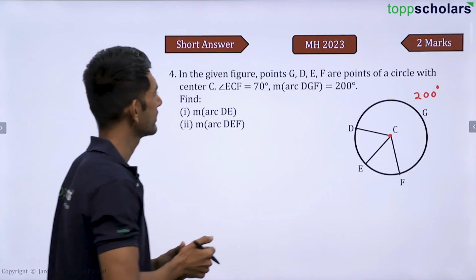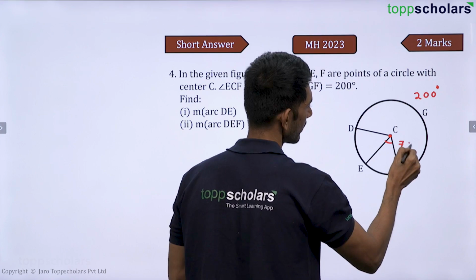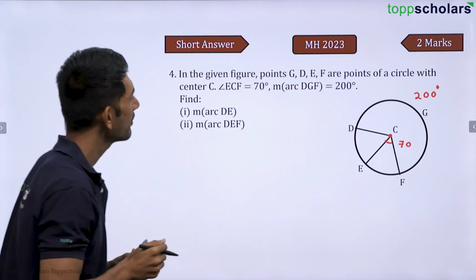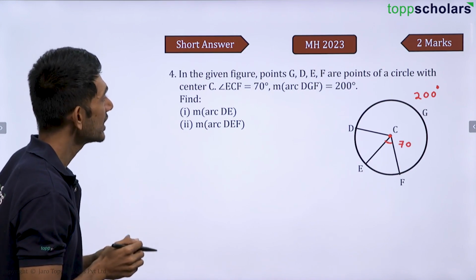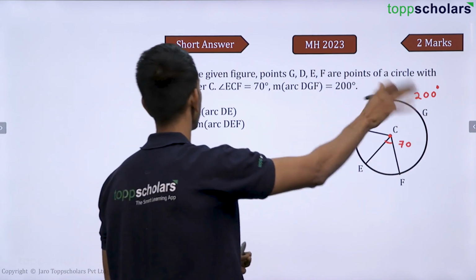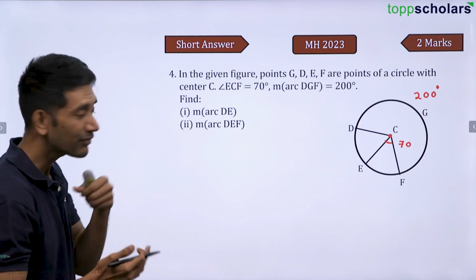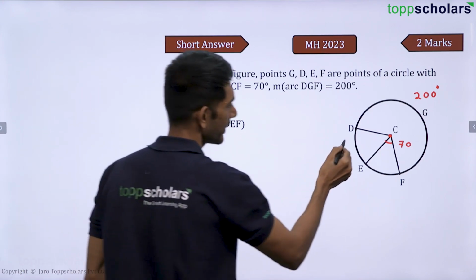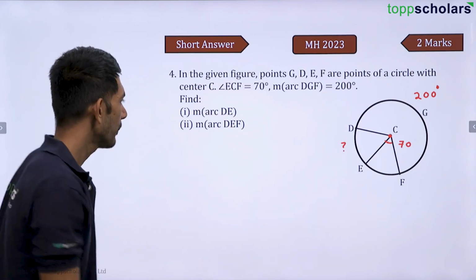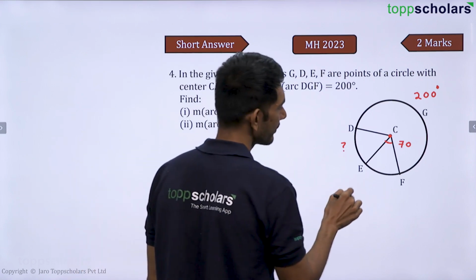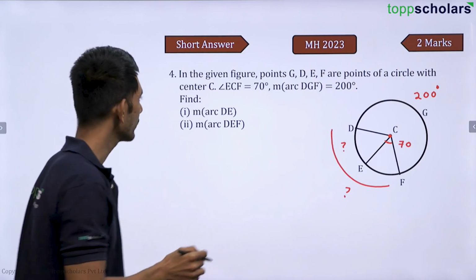Measure of angle ECF is 70 degrees. Arc DGF is already 200 and this is 70, fine. So we are supposed to find out measure of arc DE, that is this, and then we are supposed to find out measure of arc DEF. DEF is the entire this.